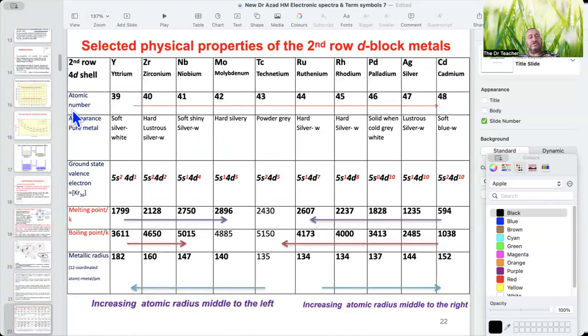And we have here a general description of physical properties for the second row d block. You can see atomic radius increases from the middle to the right, and from the middle to the left. So now we can conclude that it's not always true that increasing the number of electrons increases the size of the atom.